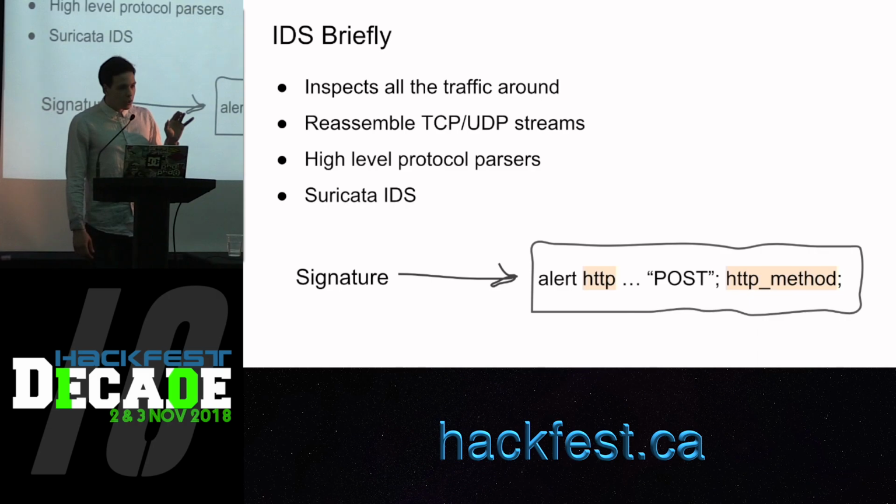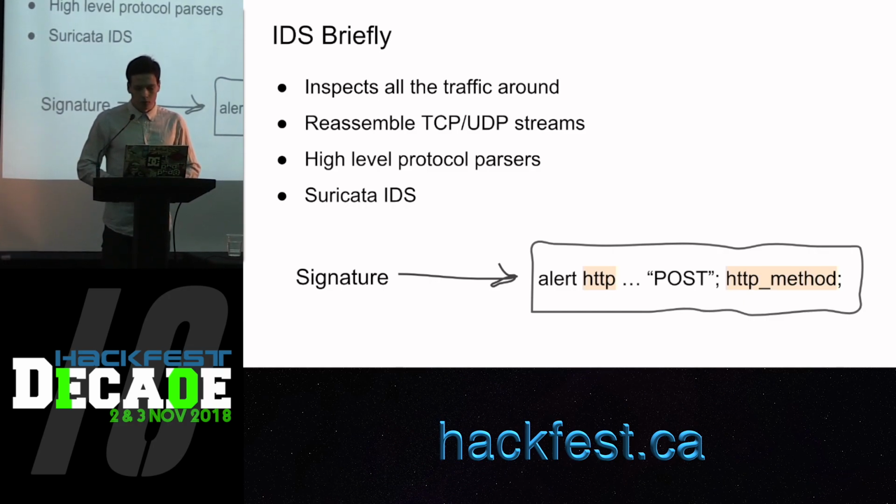In order to let protocol parsers do their job, the IDS system reassembles transport streams such as TCP, UDP, and provides a smooth data stream for protocol parsers. And the network stack of your operating system does absolutely the same.